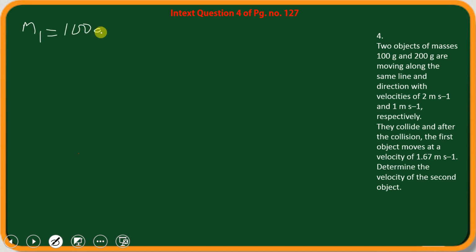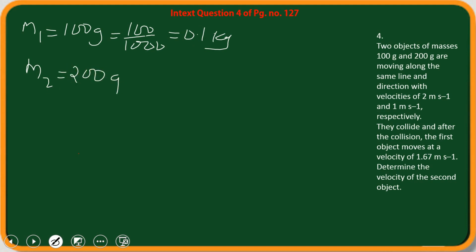Now you know that 100 gram must be converted into kilogram, so 100 upon 1000, so it is 0.1 kg. And the next is M2. M2 is 200 gram, which also becomes 200 upon 1000, so it is 0.2 kg.